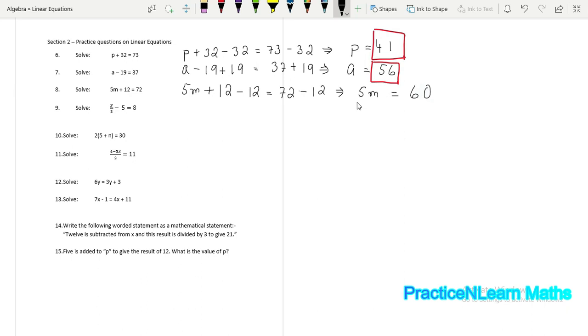Now this is 5 times m, so I need to divide by 5. I do it on both sides. I am getting m is equal to 12.